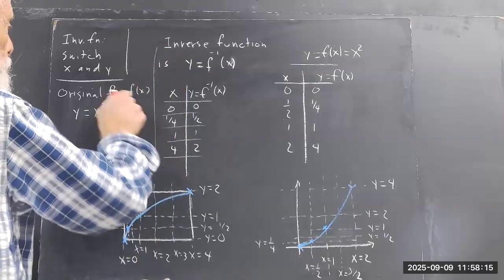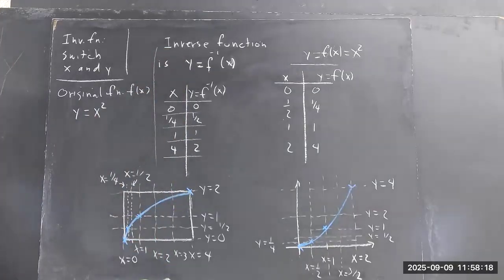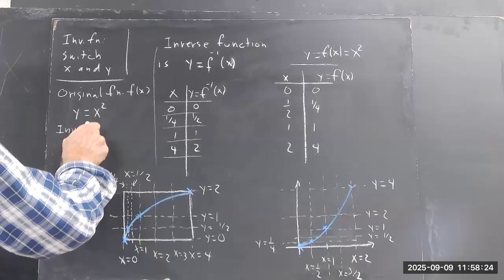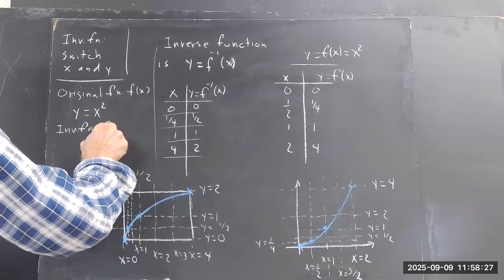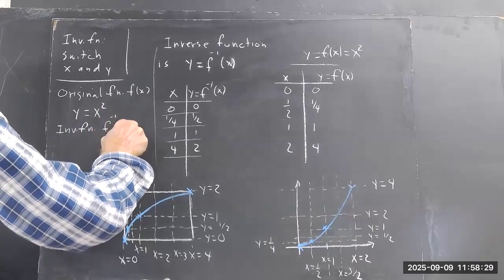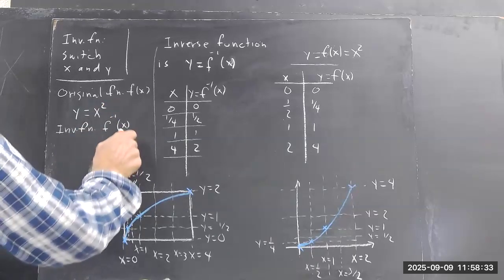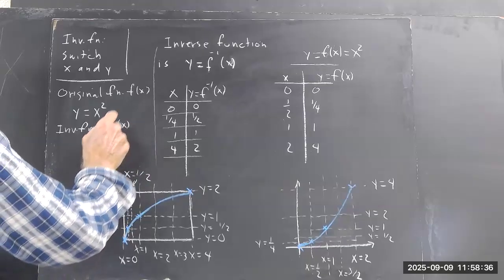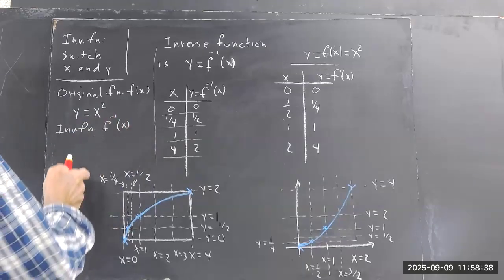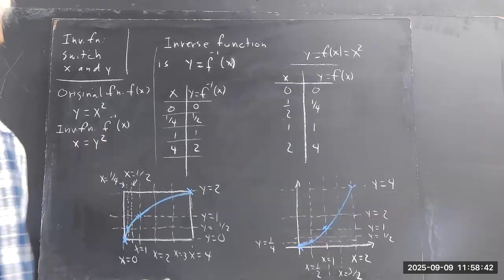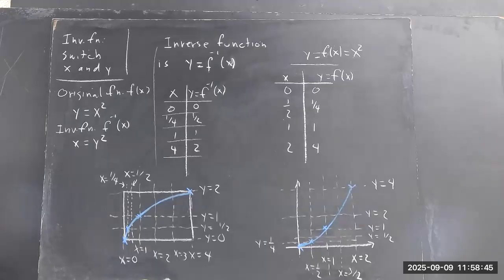So say the original function f of x, we might as well mention its name. It likes to hear its name. Now the inverse function, f inverse of x, that's how this is read. F with a superscript -1, parentheses x, is read f inverse of x. It's x equals y squared.